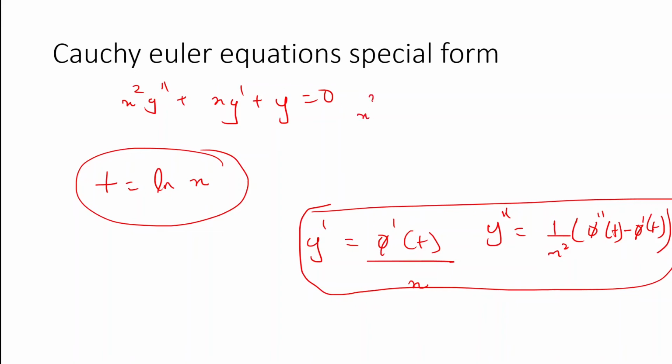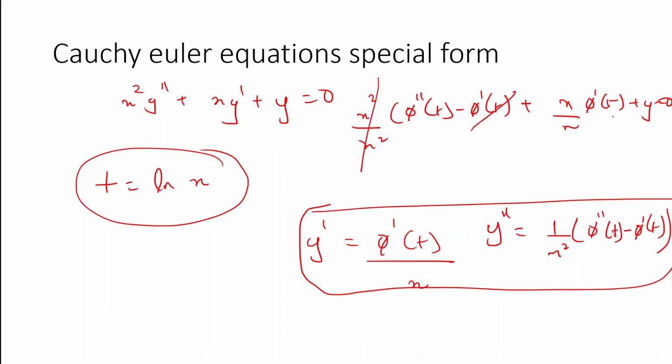So we get x squared divided by x squared times phi double prime t minus phi prime t, plus x divided by x times phi prime of t, plus y is equal to 0. This will cancel, then these two will cancel. So all we are left with is phi double prime of t plus y is equal to 0 we obtain.